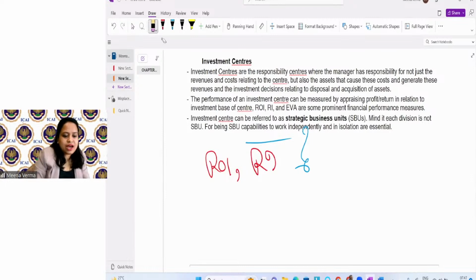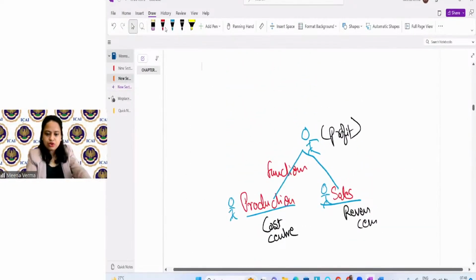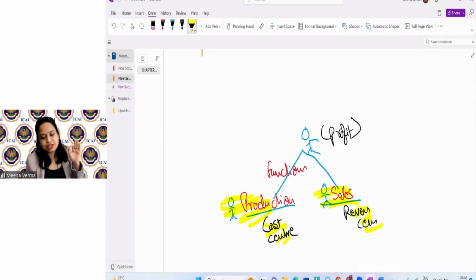So the point is that here the manager is responsible. Ab dekho, level of manager will increase. The responsibility has increased here. Here you can see this manager is responsible for production, cost center. This manager is responsible for sale, matlab revenue center. Above them, this manager is responsible to generate the profit from the sale and cost.